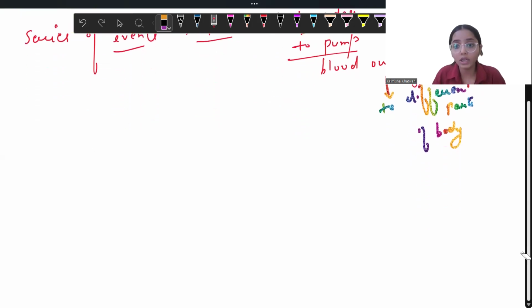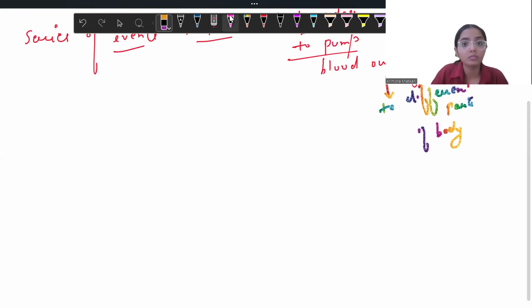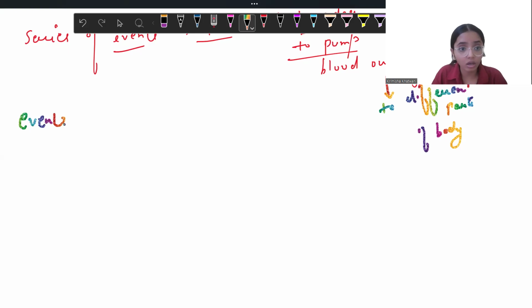Now let us move on and see what are these different events which occur during cardiac cycle. Cardiac cycle is a series of events after which the heart is able to pump blood out of it to different organs present in our body.